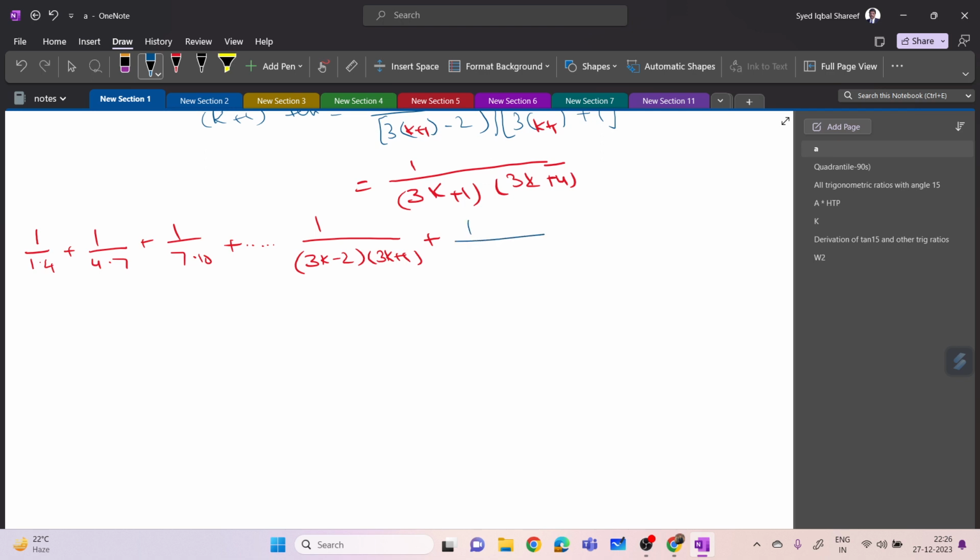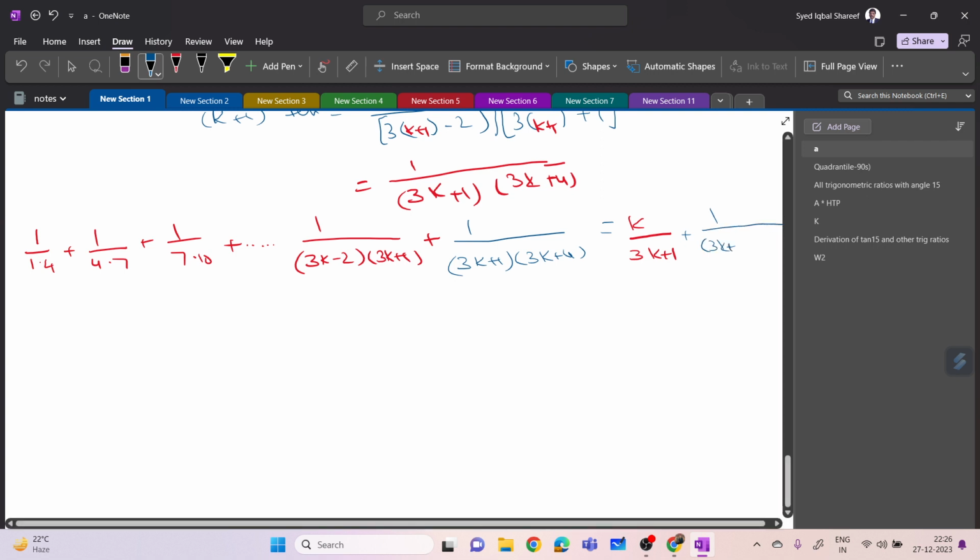What is the k plus 1 term? 1 by (3k plus 1)(3k plus 4) equals k by 3k plus 1. This is the k plus 1 term. See here, this is the part extra we are writing on both sides of the equation to balance. Because this is the k plus 1 term.